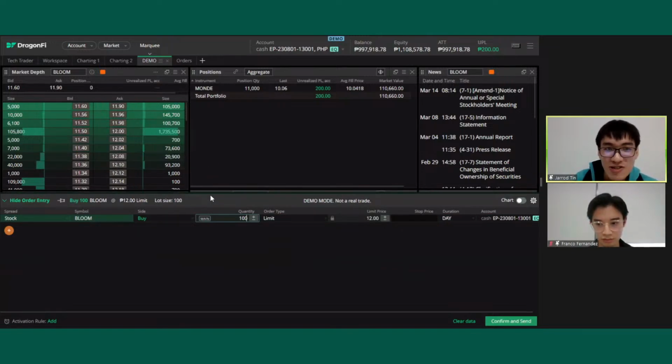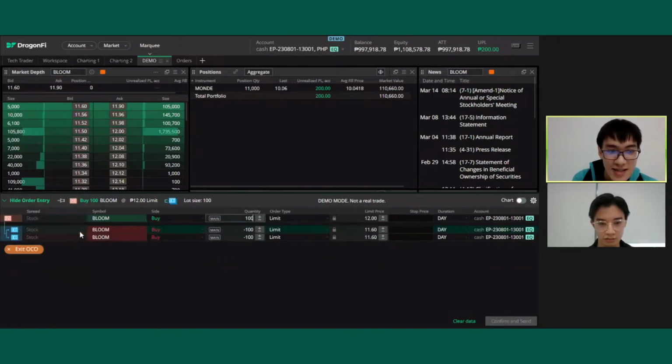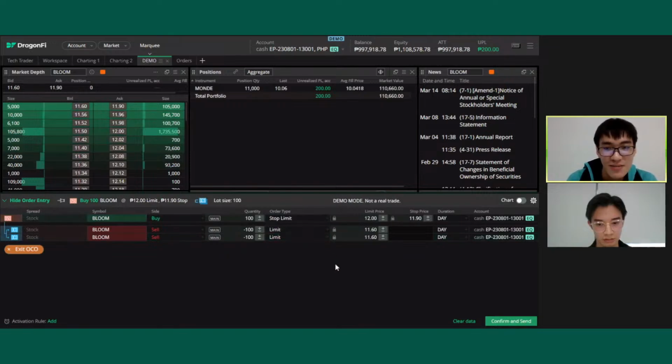So how you would execute your trade plan is, once you press where you want to buy, di ba, you press this plus button, then click exit OCO. So there you have it. Now you can enter your buy, your stop loss, and your target all in a single order. Let's say you want to buy at the break of 12 pesos. Gagawin mo is, the order type, you would change this to stop limit because you want to buy at the break of 12, di ba?